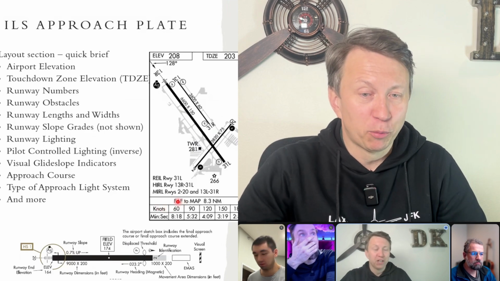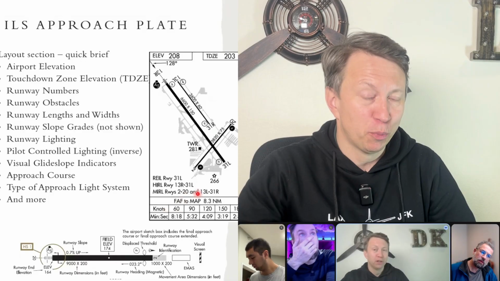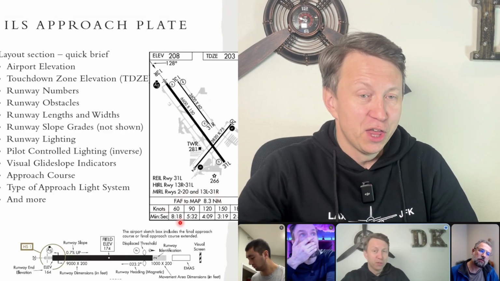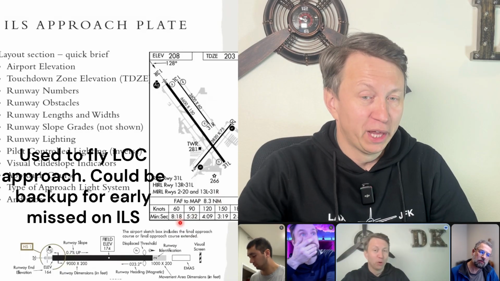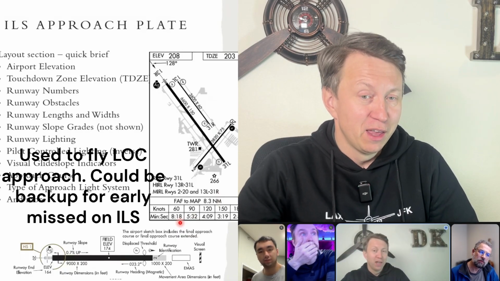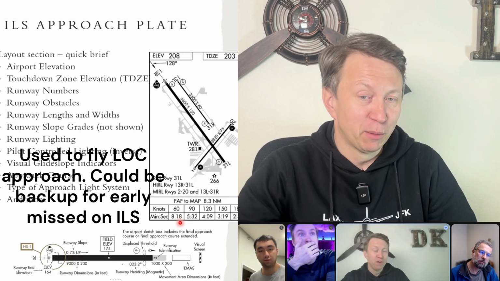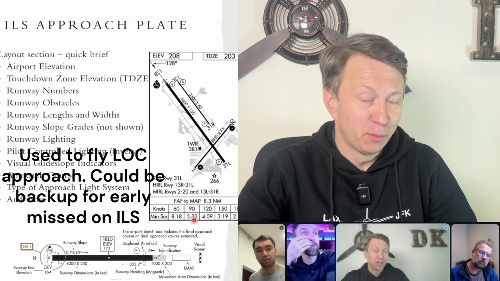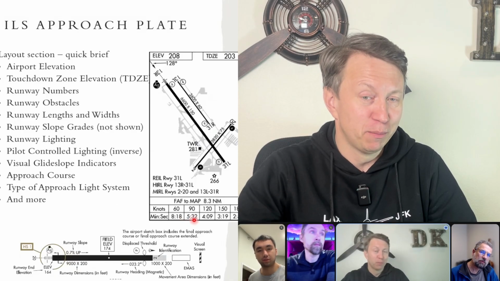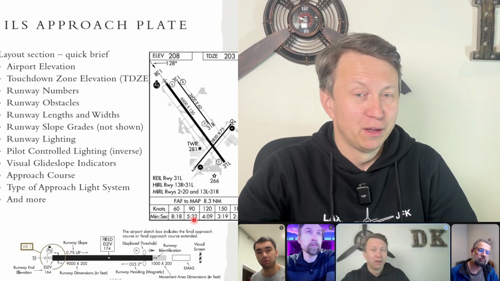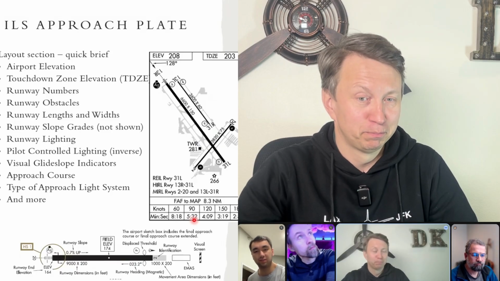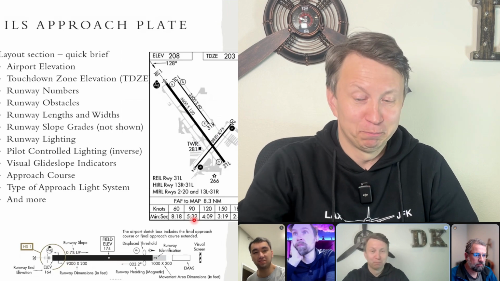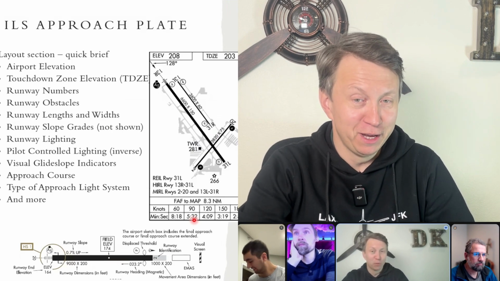That gives you the final approach fix to the missed approach point distance and the time. You will have to know your ground speed, and crossing the final approach fix, you'd set the timer. When the timer expires, that's when you cross the missed approach point. That's how people used to fly those approaches.